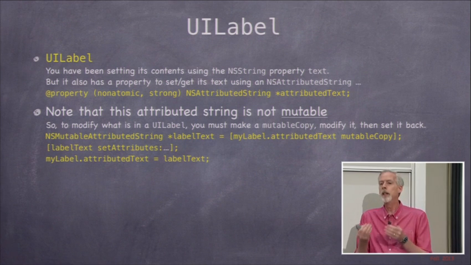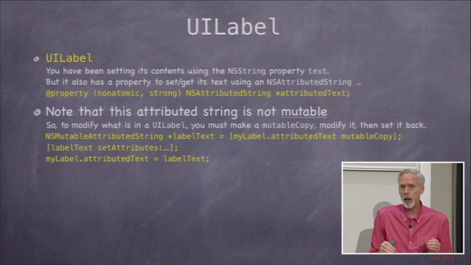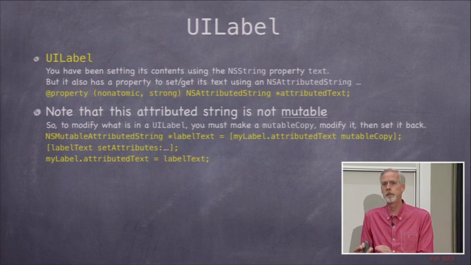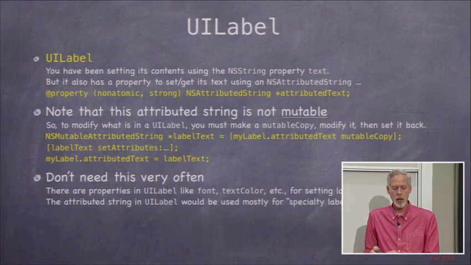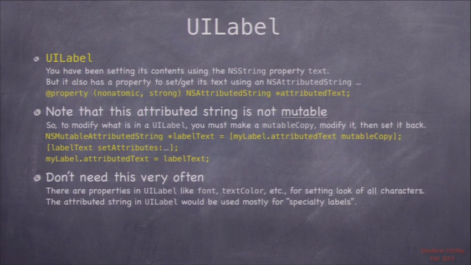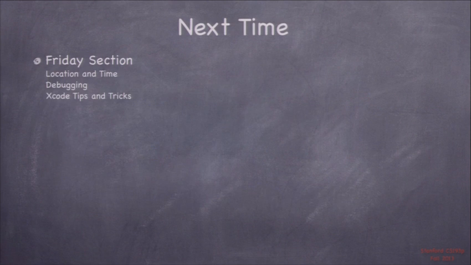You have to get it, create a mutable copy, modify the attributes, put it back. Okay? You don't need to do this very often on labels. Labels don't usually have attributed text on them that much, maybe to set the color, possibly if they're specialty labels that are kind of specifying something that's not just normal text. So it's not that common to do with UI label.